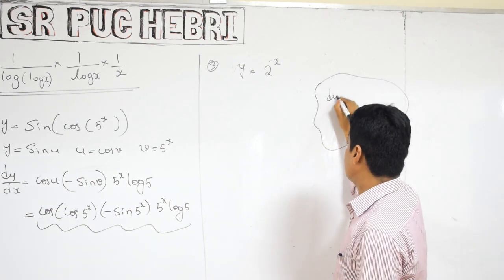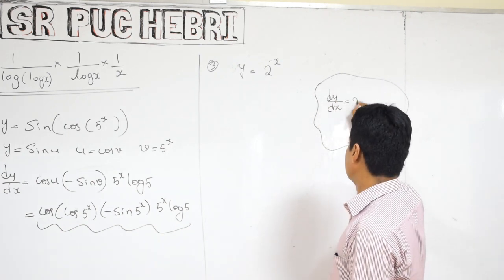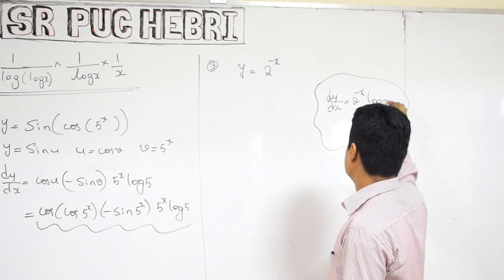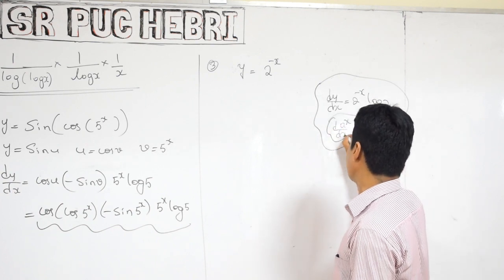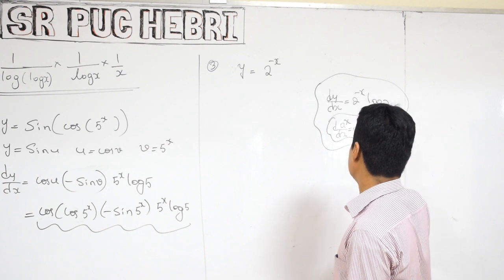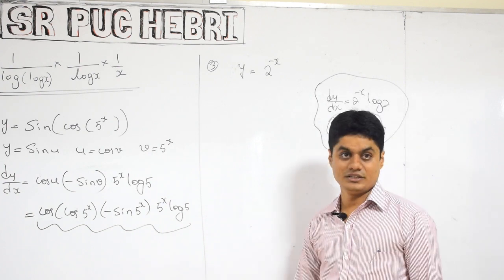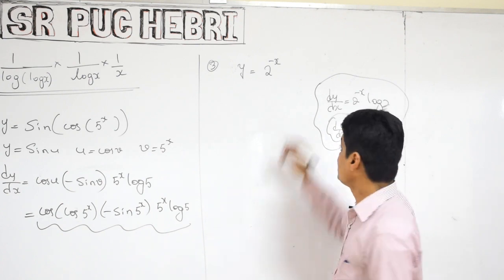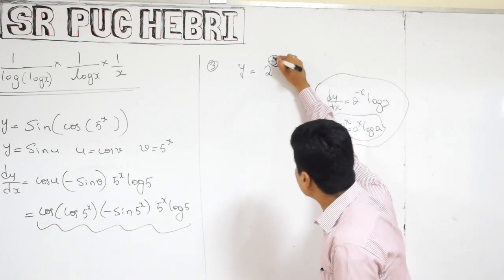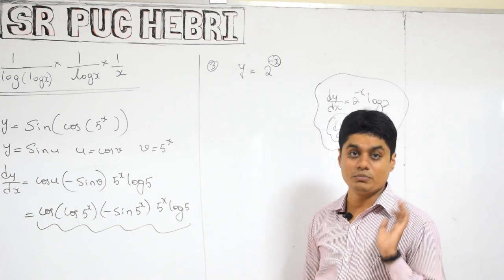You may take this problem like this, 2 power minus x into log 2, because tell me which formula you are using. The derivative of a power x with respect to x is a power x into log a. Remember, you may write the answer like this, but this is the wrong answer because of this minus sign, it is not a simple function, it's a composite function.